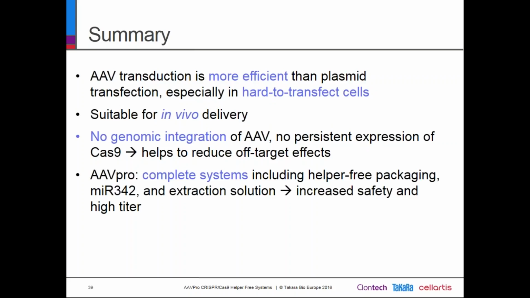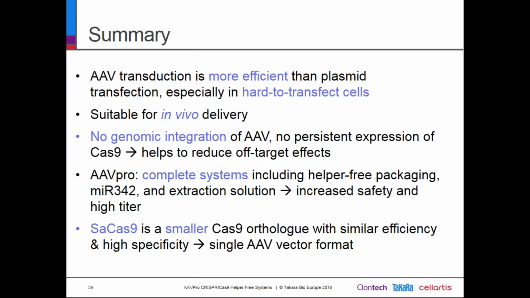So this helps to increase safety and give you high titers. And the SaCas9 is a smaller Cas9 ortholog with similar efficiencies and very high specificity. And what's very nice with the SaCas9 is that you can pack this into one single AAV vector.